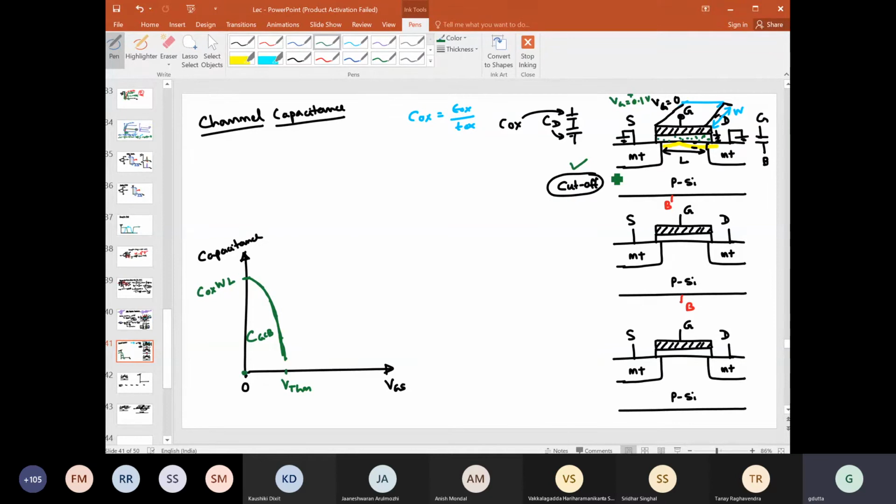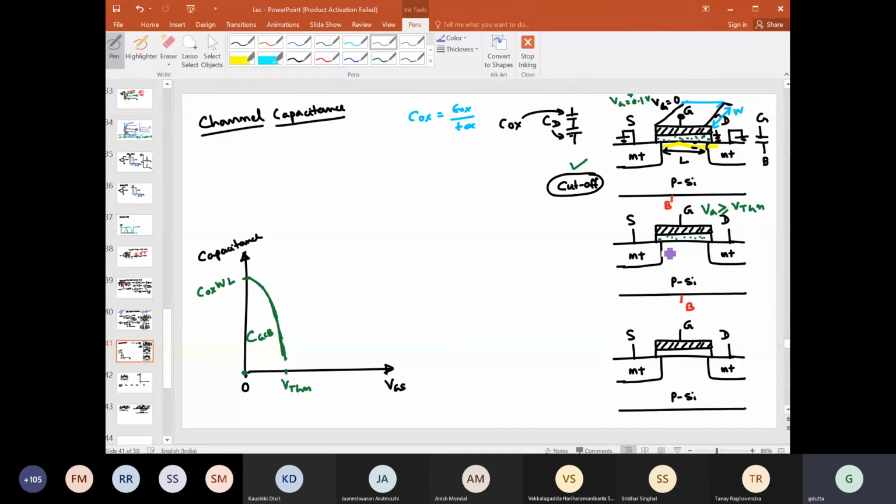So this is what we discussed for the cut-off situation. Now let us see this next image, where we will consider a gate voltage which is greater than or equal to the threshold voltage of this n-channel MOSFET. So when we have increased the gate voltage to the threshold voltage or more, obviously a channel will form.